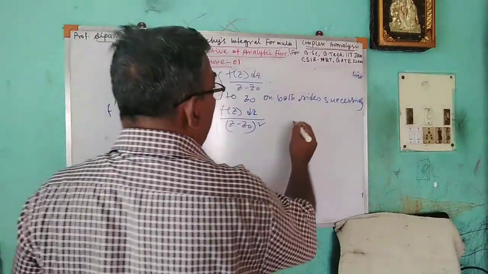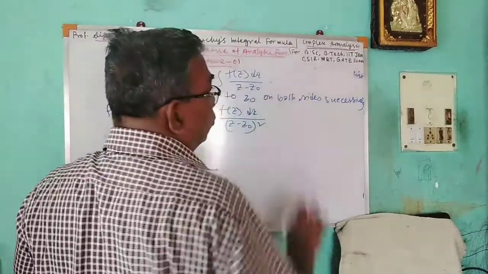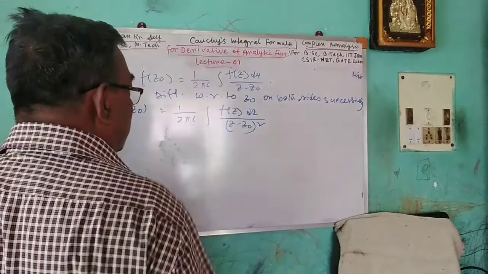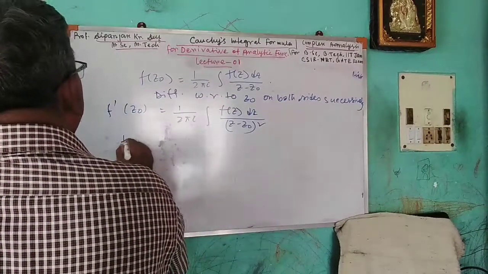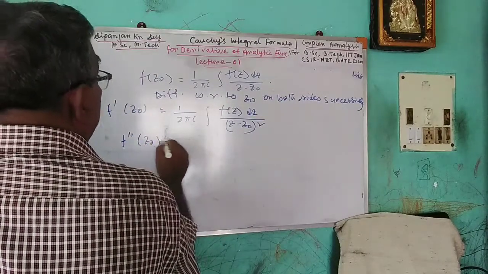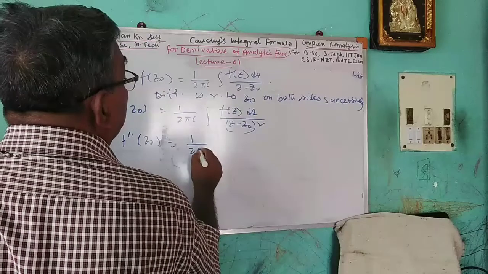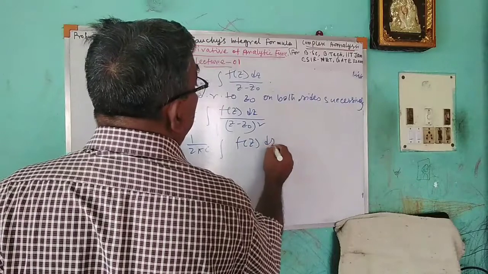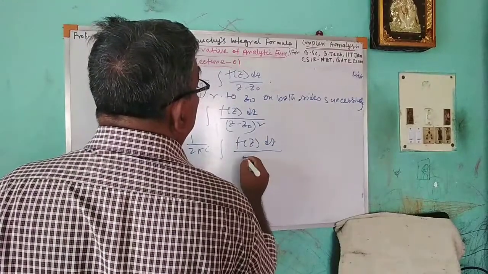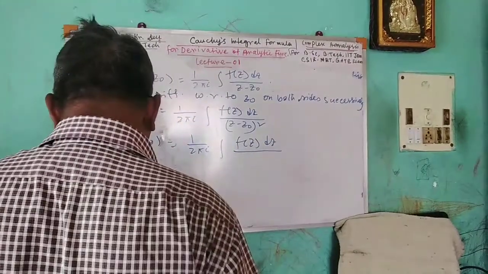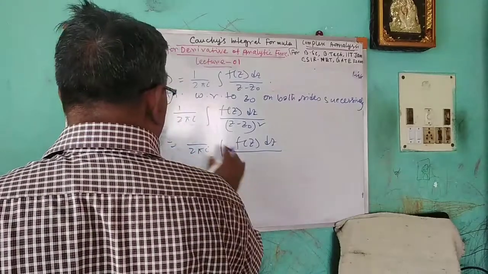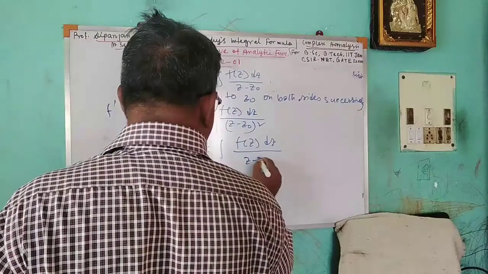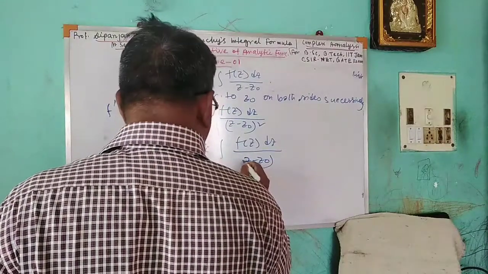Again differentiate: f double dash z0 equals 1 by 2 pi I, which is a constant term, integration f(z) dz, because these are all constant, and this will be 2 by (z minus z0) whole to the power 3.